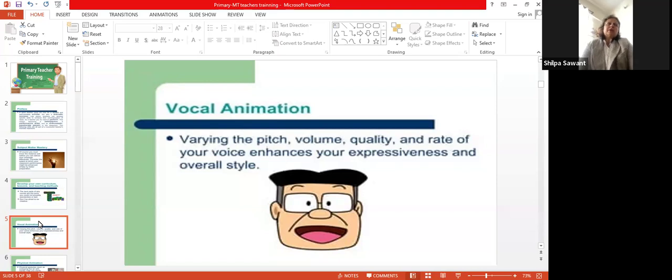For example, if a teacher is narrating a story of a lion and a mouse, when she is talking about the lion, the lion himself is talking. So the voice can be like this: "I am a lion." And the mouse: "I am a mouse." When the teacher uses her voice in different ways, the child is definitely going to learn many things because of that.